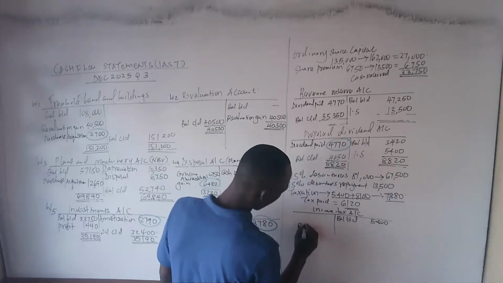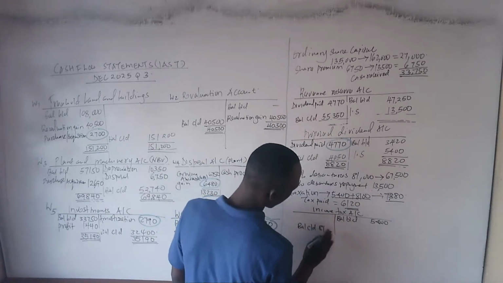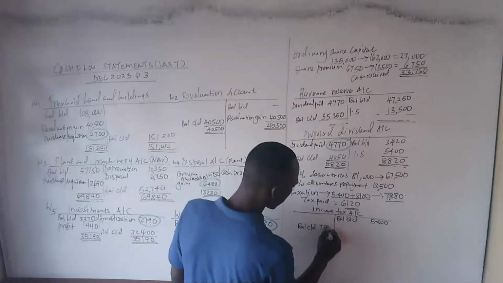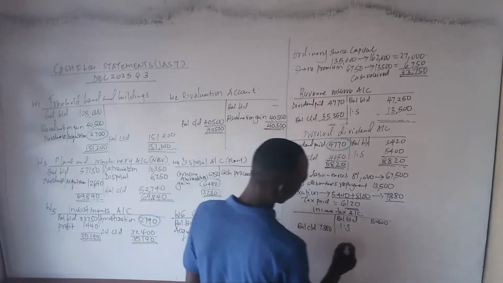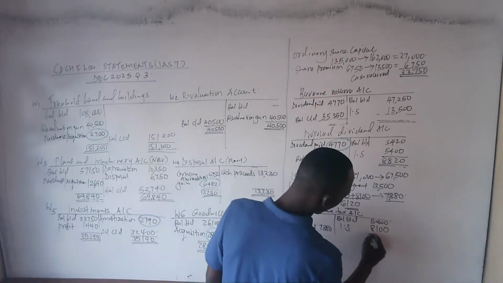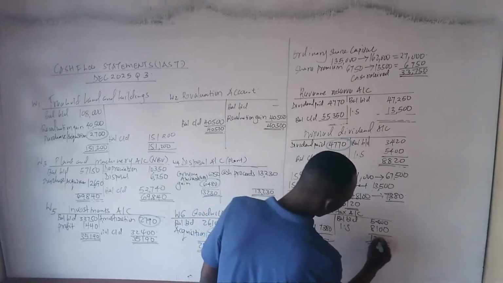Then we had the balance carried down, sorry, not 81, it was 7380. Then from the income statement, we had corporation tax of 8,100. Then you will get the total, which was 13,500.